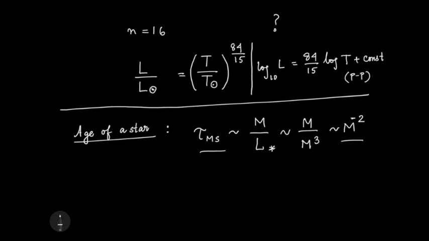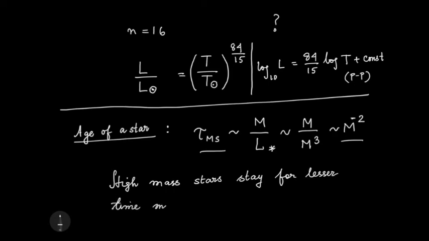So you expect that the high mass stars live very less. So high mass stars stay for lesser time in main sequence.